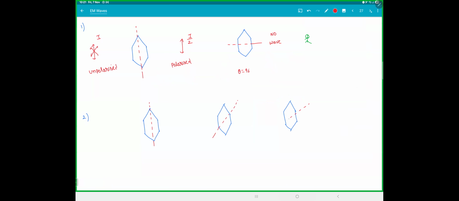This is like this. This is like this. This is making an angle of 30 degrees. This is making an angle of 60 degrees. If you send unpolarized light, what will you get at the end? What is the final intensity? If you got this, I think you got it.